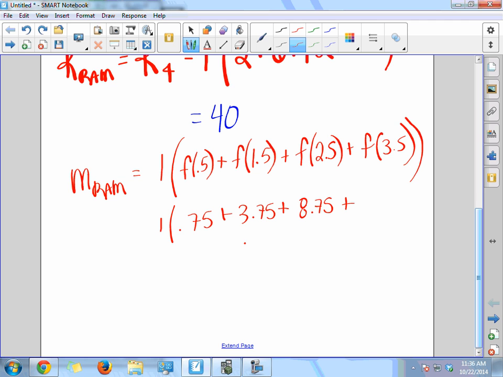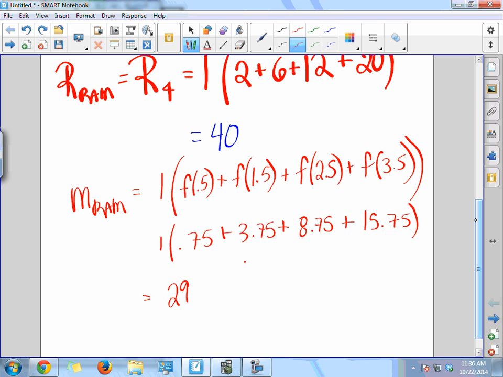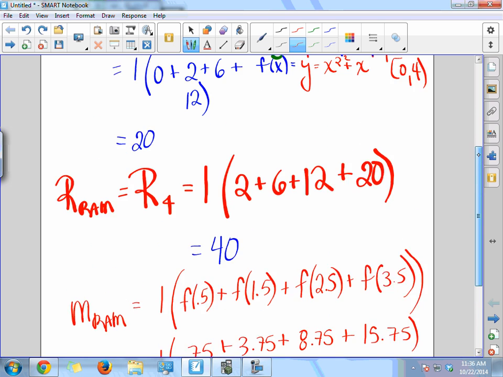And at 3.5 it is going to be 15.75. So now I'm going to sum all these together, and I get 29, which seems to be a better estimate because it's in the middle between the lower estimate and the upper estimate. So this definitely does a better job.